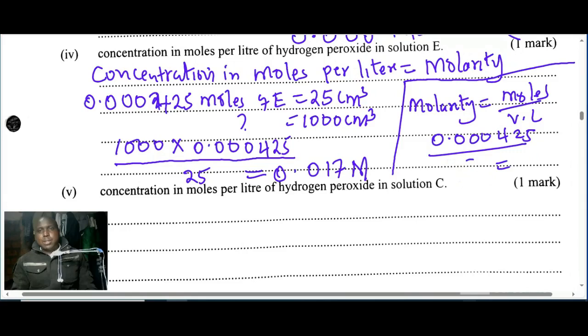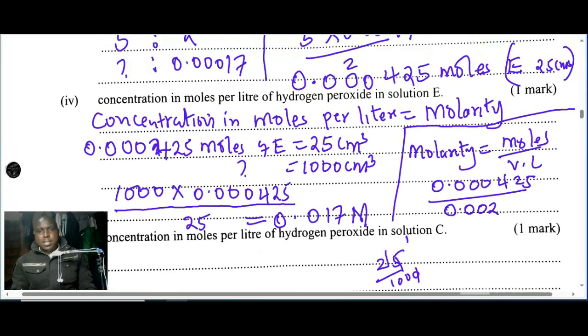Itakuwa 25 divided by 1000, itakuwa 0.025. So when you divide by that, you will get the answer to be 0.017 capital M. Capital M stands for molarity.